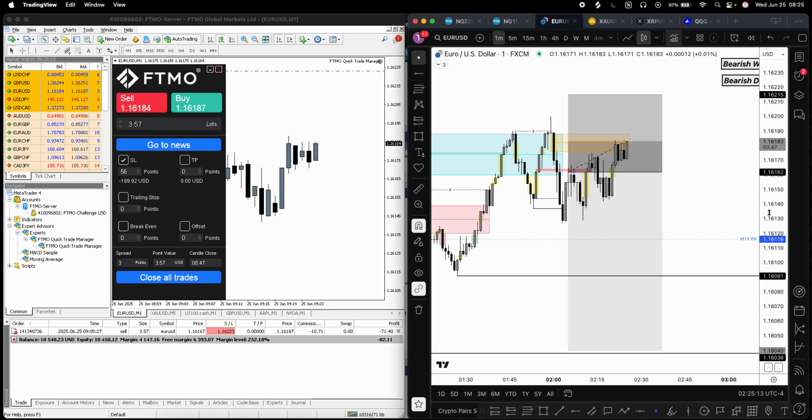It's broke above the midpoint there. Hopefully it at least respects the high of the gap.